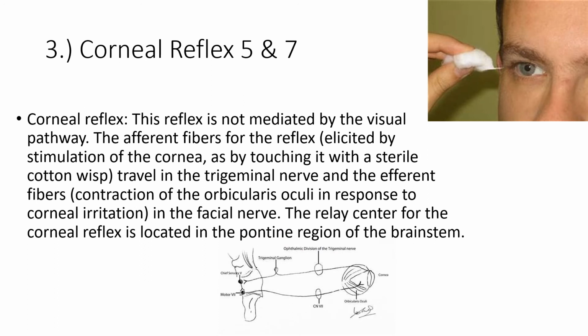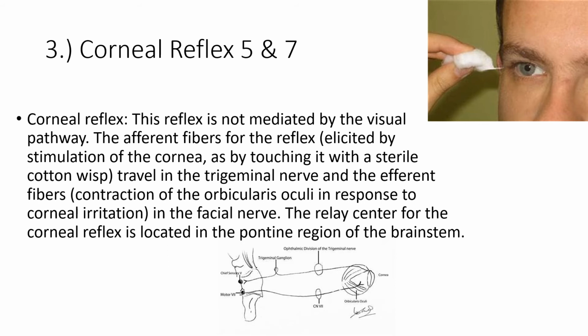Number 3 on that list was the corneal reflex. So these are cranial nerves 5 and 7. Okay, so 5 is going to feel it, 7 is going to make it move, make you blink. So corneal reflex. This reflex is not mediated by the visual pathway. The afferent fibers for the reflex are elicited by the stimulation of the cornea, or touching the cornea of the eye with a sterile cotton wisp, and that travels in the trigeminal nerve, or 5, and the efferent fibers, contraction of the orbicularis oculi, orb being that circular, right?